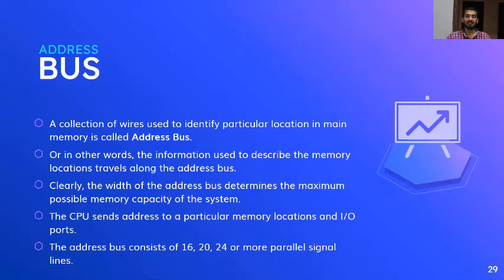Clearly, the width of the address bus determines the maximum possible memory capacity of the system. The CPU sends an address to a particular memory location and input-output ports. The address bus consists of 16, 20, 24 or more signal lines.